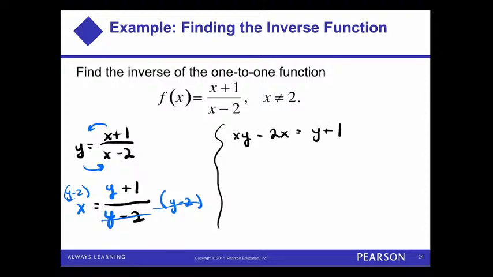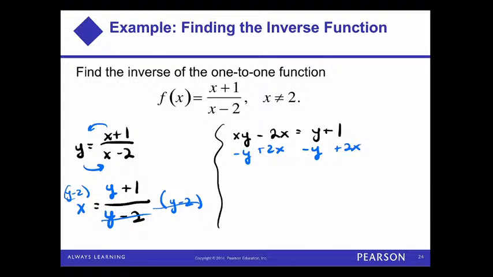Now we're trying to solve for y. So I want to isolate my y's on one side of the equal sign and everything else on the other, since I'm trying to solve for y. I'll do this by subtracting y from both sides, and I'll add this 2x on both sides. Okay?